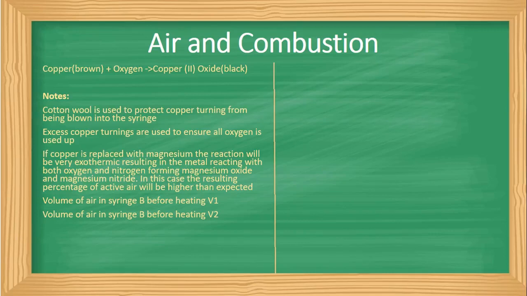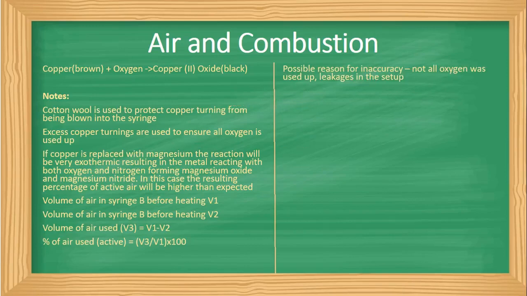This should be lower than V1 because some air has been used up. Then you get the difference between V1 and V2, which is the air that has been used up during the experiment. We can call it V3. So to get the percentage, you take V3, divide by the initial measurement, which is V1, then multiply by 100 to get the percentage.